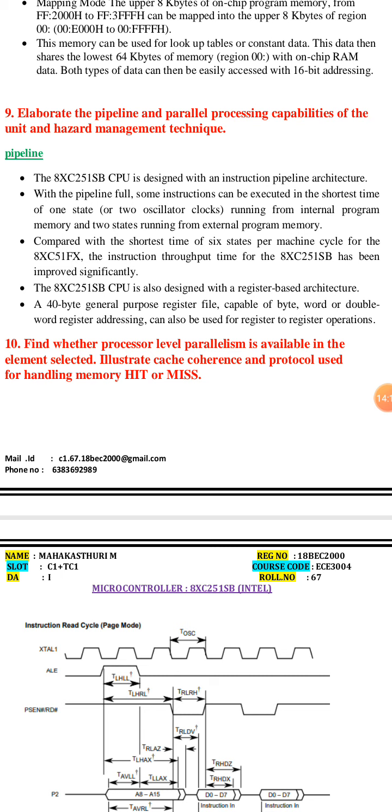Compared with the shortest time of 6 states per machine cycle for the 8xC51FX, the instruction throughput time for the 8xC251SP has been improved significantly. This microcontroller CPU is also designed with a register-based architecture, a 40-byte general-purpose register file capable of byte, word or double word register addressing, which can also be used for register-to-register operations.